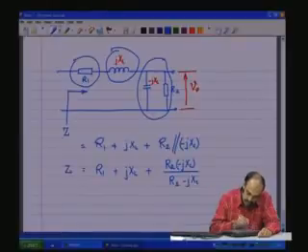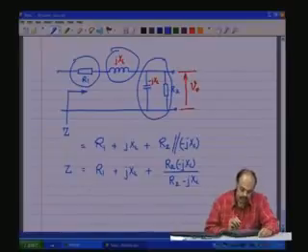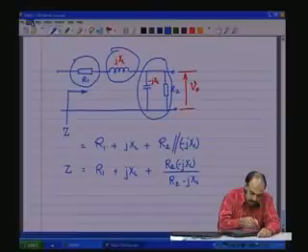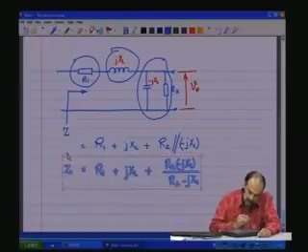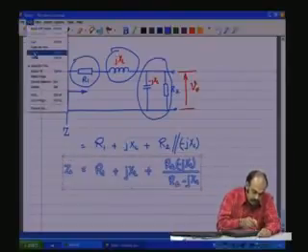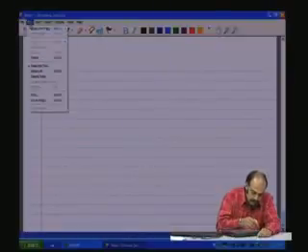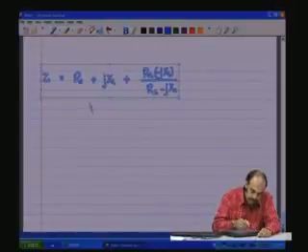This is equal to Z. Now, this can be further simplified into real and imaginary parts to get the complex impedance. Now, let us take this equation. Let me copy that. Let us go to the next page. Let us paste that, push that above.